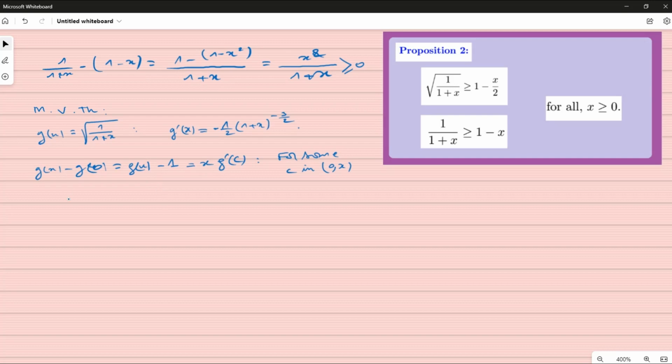So we have g of x equals 1 minus 1 divided by 2 times this, and it is greater than 1 minus this.